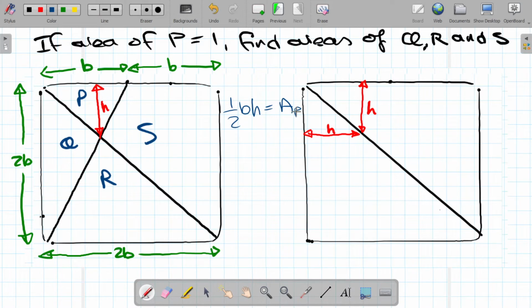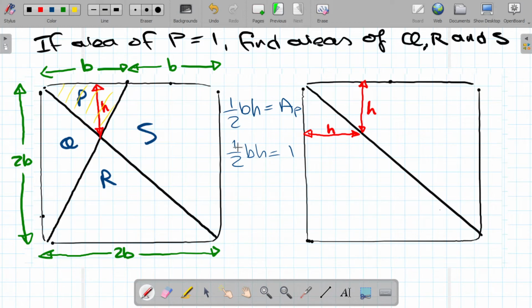We'll call it the area of P. Now, how does this help us? We know, first of all, that a half B times H equals 1. So we know already, because we're given this in the question, what the area of this triangle is. So that's done for us, if you like.